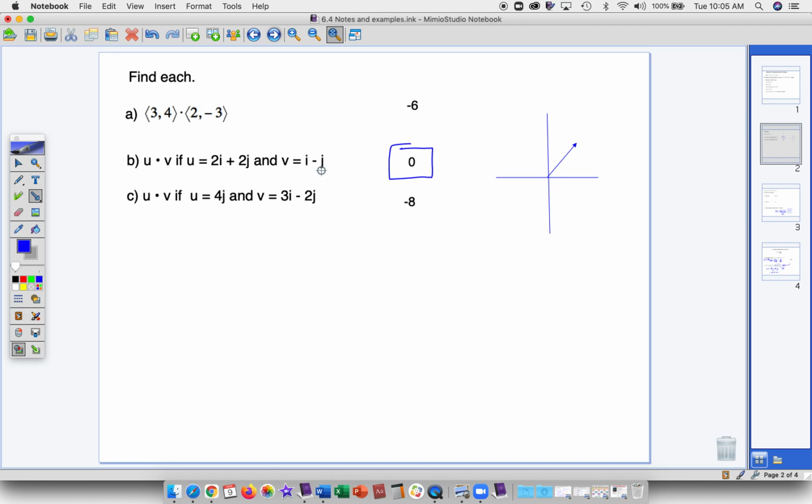And then if I have i minus j, where's vector v? It is in quadrant 4, right? I'm going down 1 and over 1. There we go. So the angle between them, with a direction angle of 315, means that I do end up with that right angle between the vectors. So there's an example of vectors that are orthogonal, and we know that because of the dot product equaling 0.